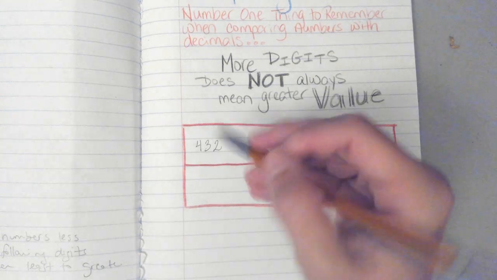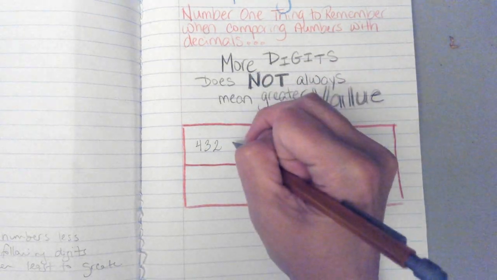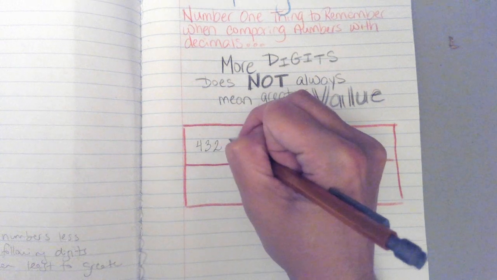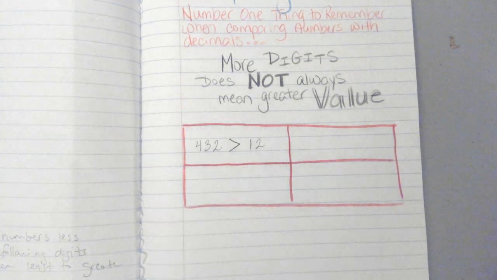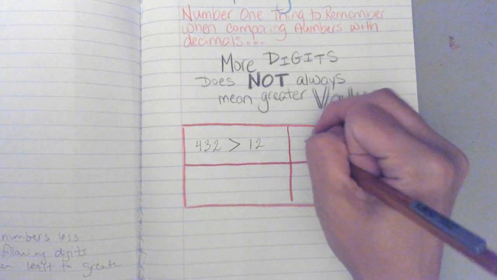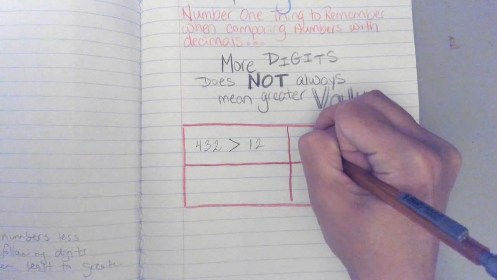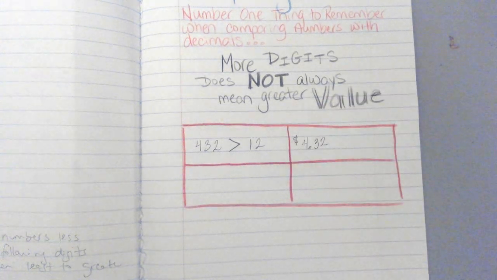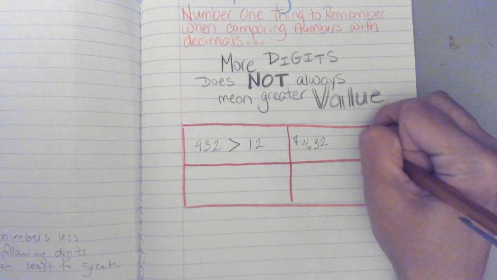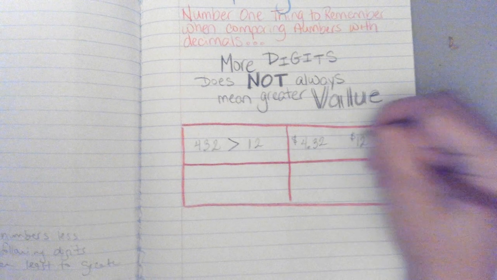Well, I mean, come on, this is a 3-digit number. Of course it's greater. Okay, right? That was obvious to you. I know it was. Now let's try. What if I did $4.32, okay, or $12?